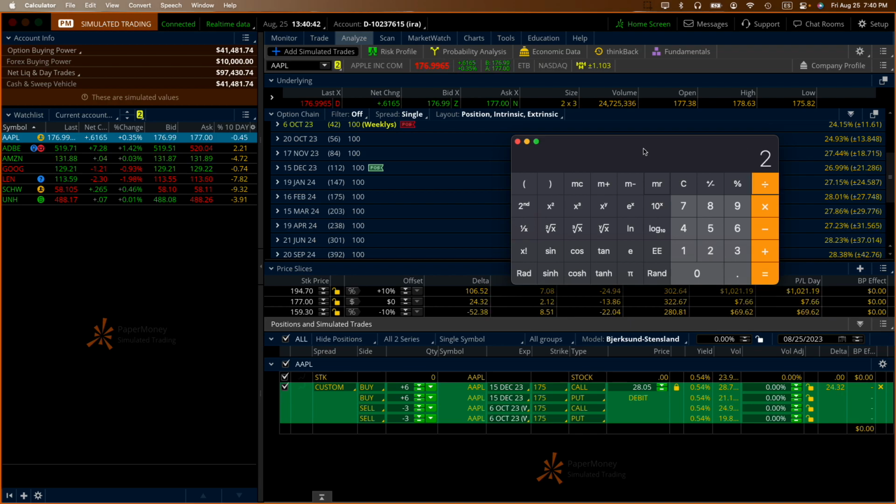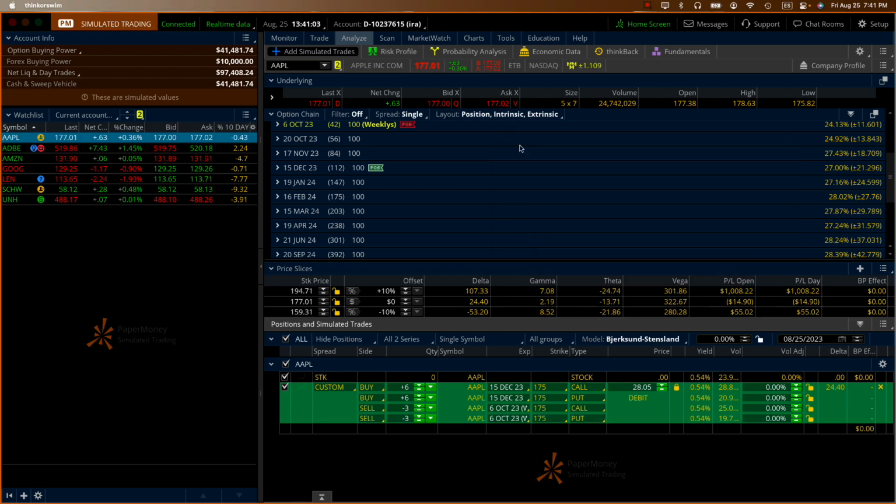Divide that by 2. It gives you 22. Okay, so we subtract that from memory and then recall, and the difference is less than 3%. So I'm happy with that. The implied volatility is less than 3% differential between back month options and front month options.